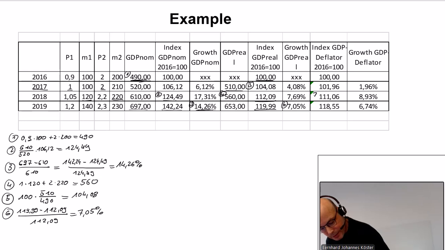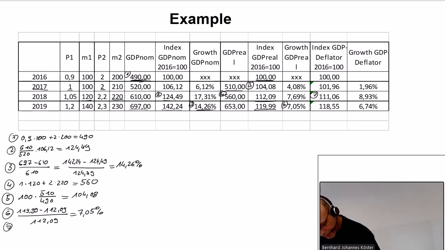And the last one, that's this one. Just the definition: nominal GDP index over real GDP index and then formally multiplied by 100.